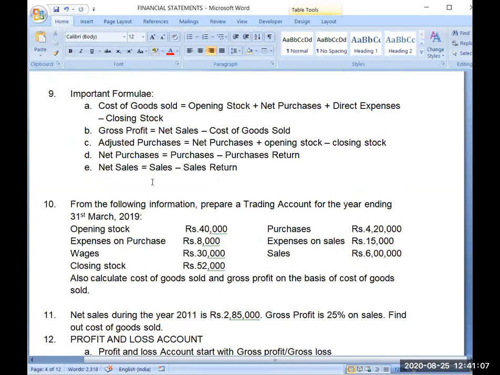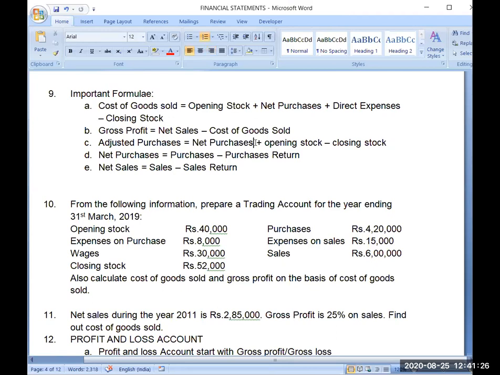Suppose you have purchased 100 books. But in the beginning, suppose you were having 10 books, and in the last, means closing stock, you are having 5 books.